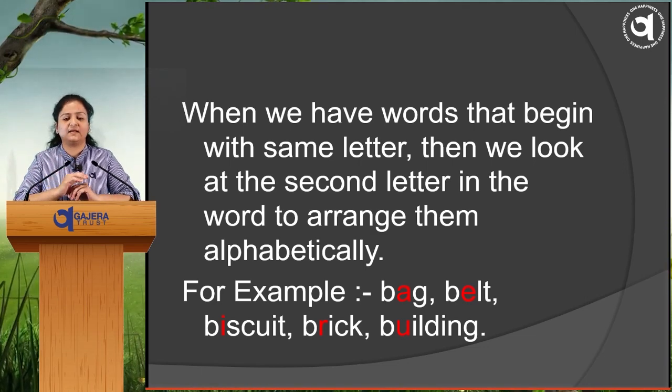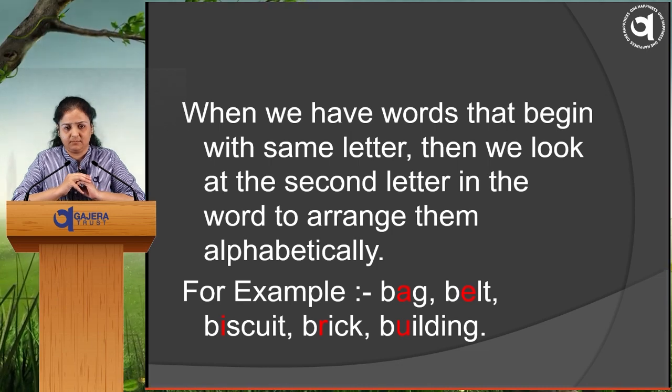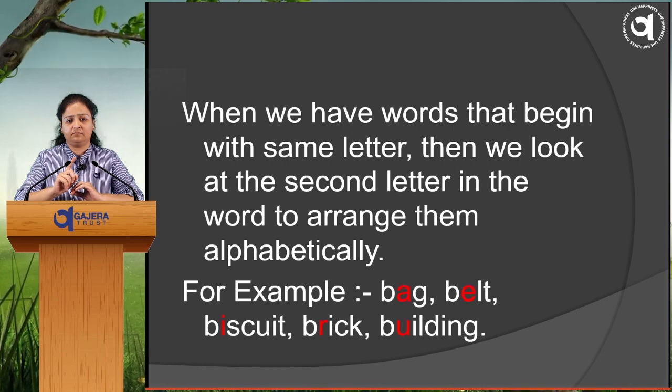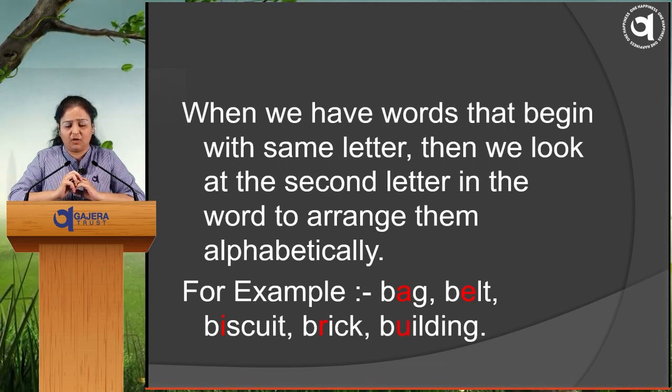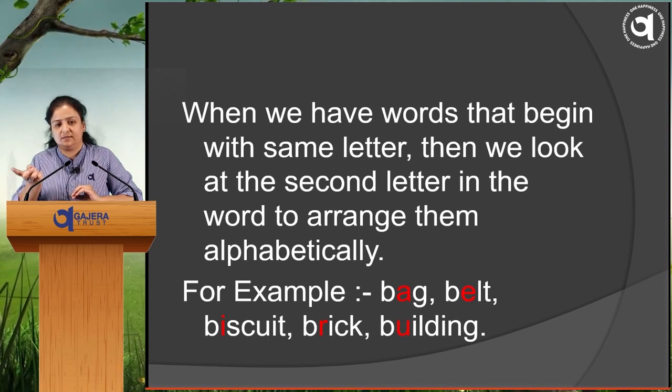Like the example: bag, built, biscuit, brick, building. In all these words we have the letter B as the first letter, so now we move on to the second letter.